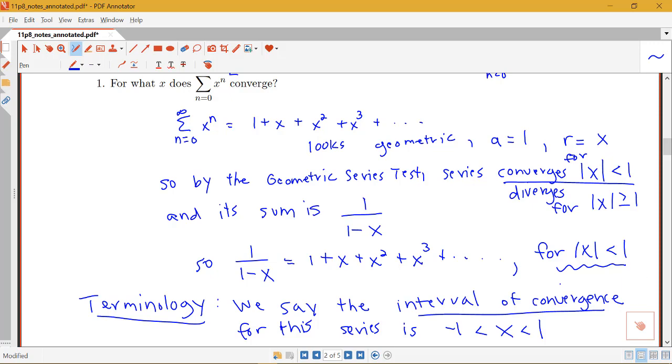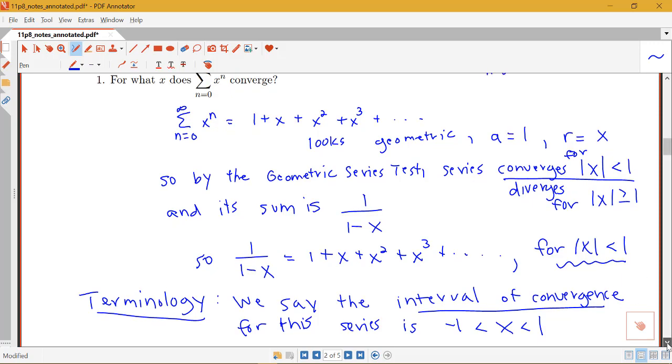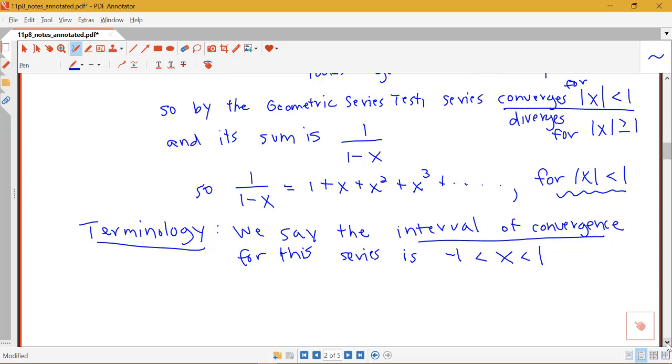When we say the absolute value of x has to be less than 1, that means x is between -1 and 1. In interval notation, we could say the interval of convergence is -1 comma 1, with curved parentheses.